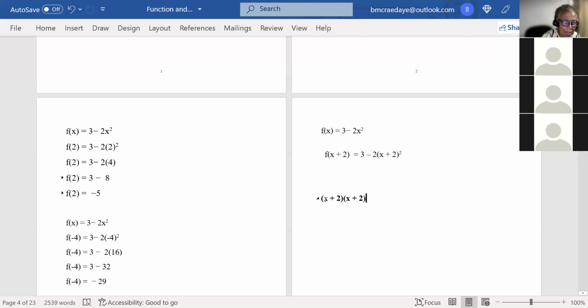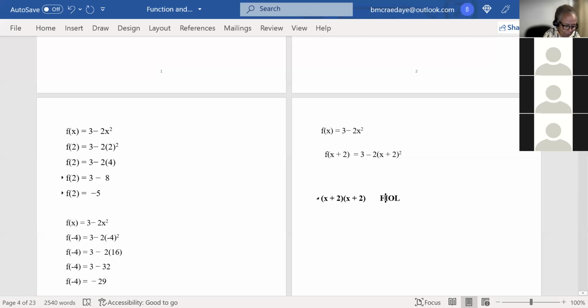Well, you have first, inner, outer, and last. First, inner, outer, and last. Now, there's a mnemonic for that, right? It's called FOIL.